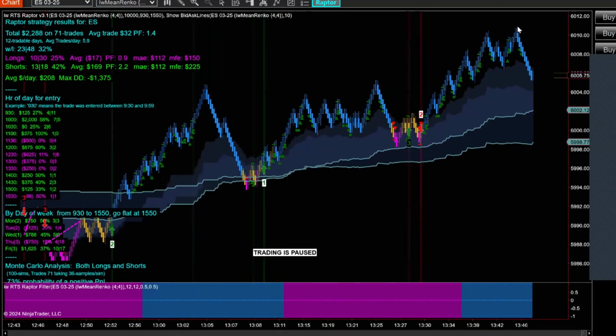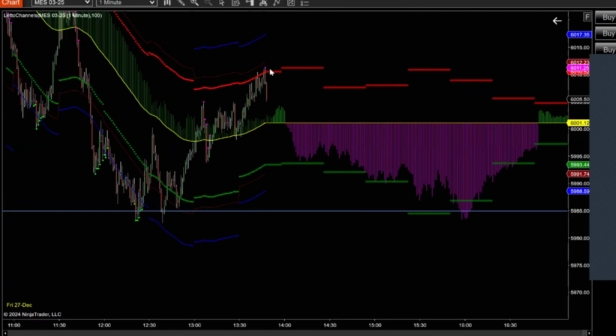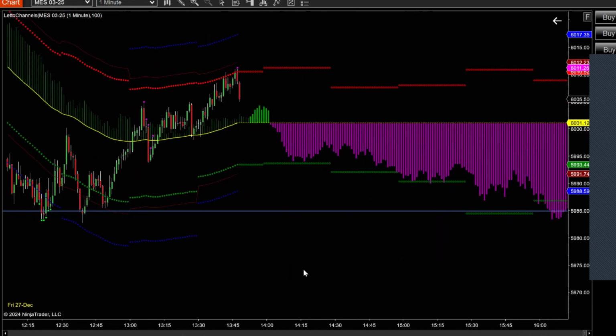Right now, we're just coming off that high, like I mentioned, that double top. The MES, as I thought, is starting to move pretty significantly down. We're breaking through a couple of swing lows.